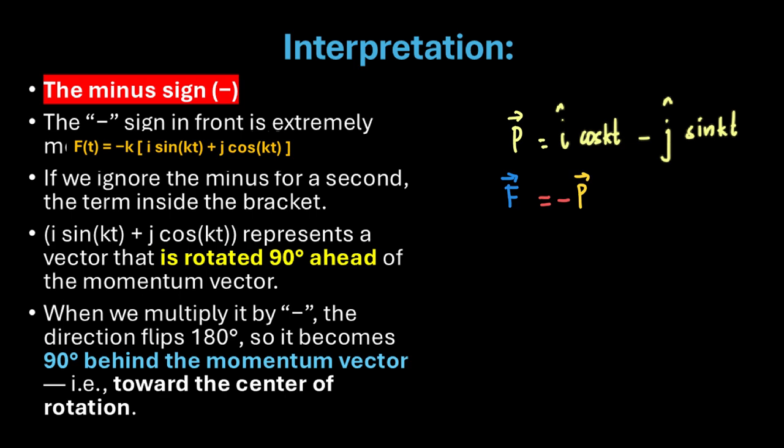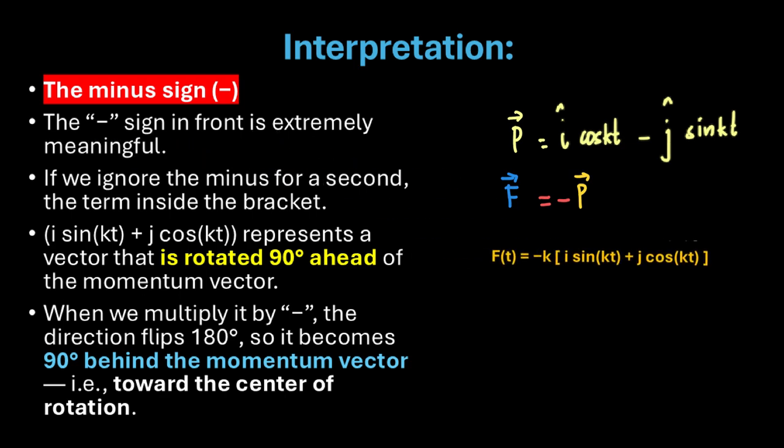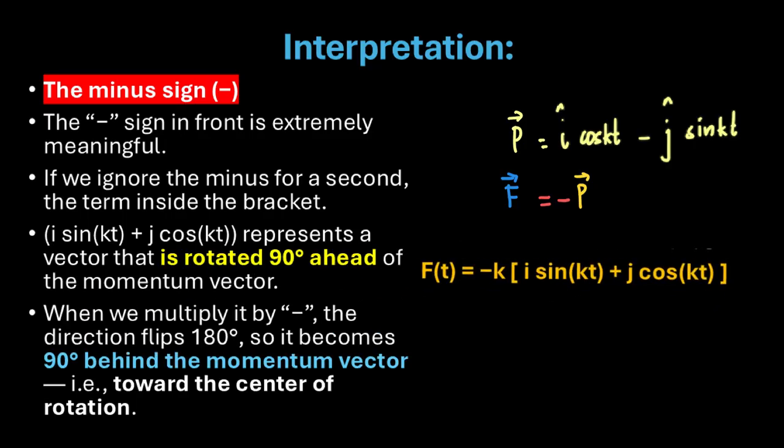So when I say the term inside the brackets, what I mean is this one, i sin kt plus j cos kt.